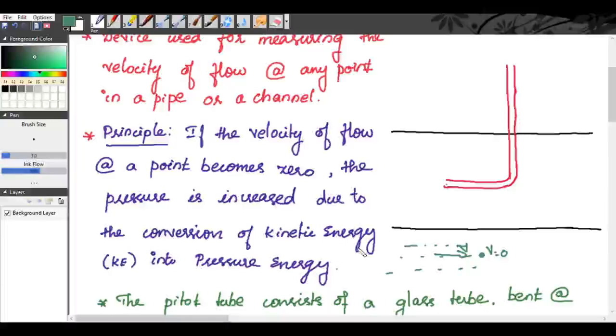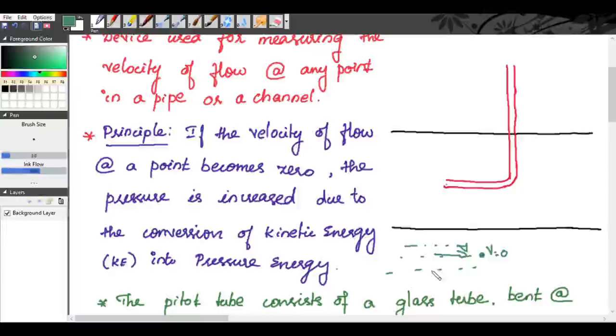The kinetic energy is converted into pressure energy in order to bring the moving fluid to a still fluid. This is the principle behind the pitot tube.